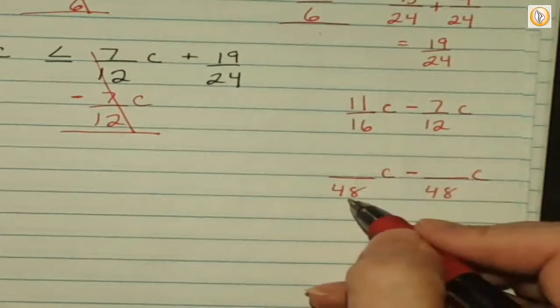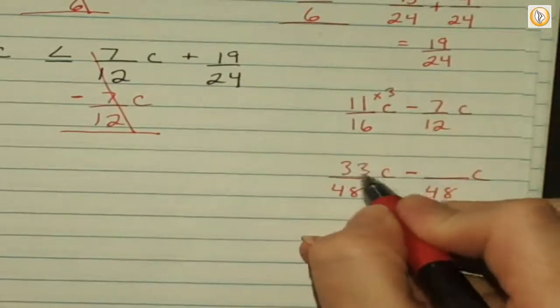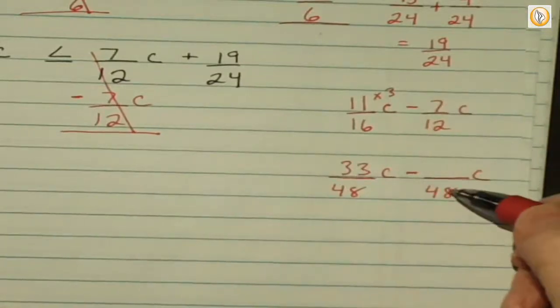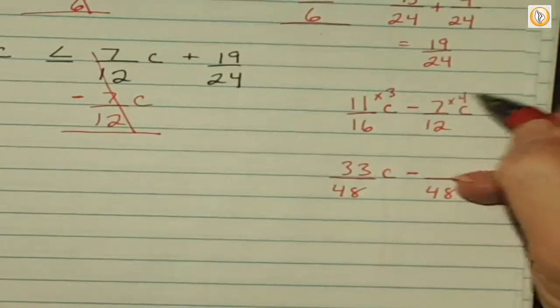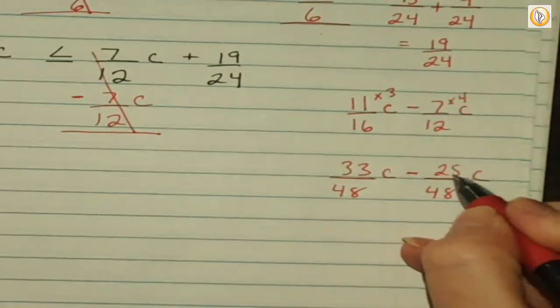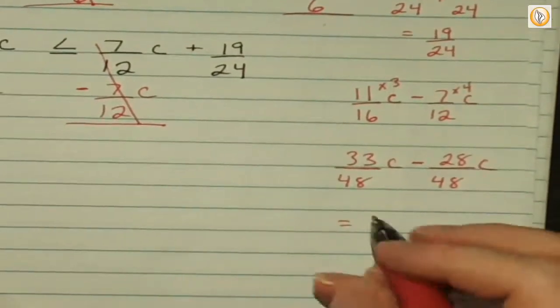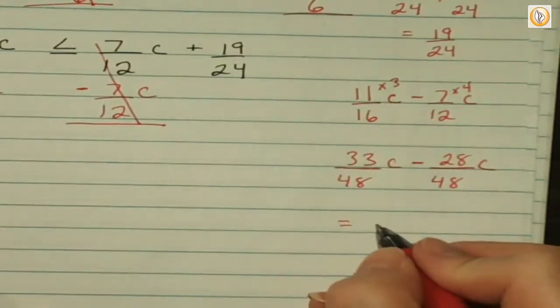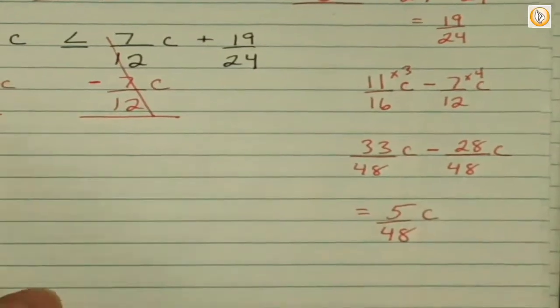Okay, 16 goes into 48 how many times? 3. So 3 times 11 is? Good. 12 goes into 48 how many times? 4. So 7 times 4 is? Great. And if you subtract, you get? 5 over 48c. Okay.